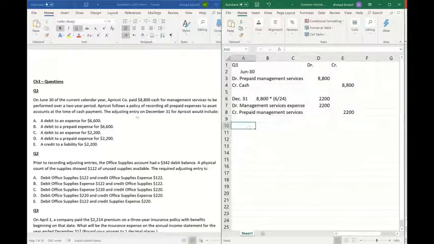So the question here: the adjusting entry on December 31st for Apricot would include a debit to an expense for 6,600, so this is not correct. A debit to a prepaid expense for 6,600, this is also not correct. A debit to an expense for 2,200, so this is the correct answer here. So this is the debit side.